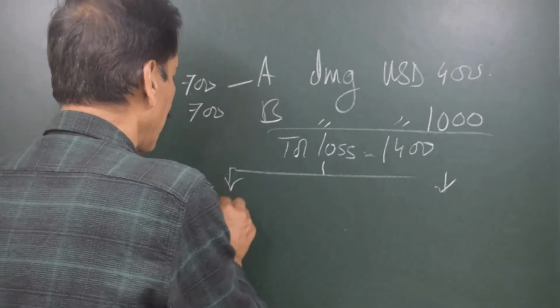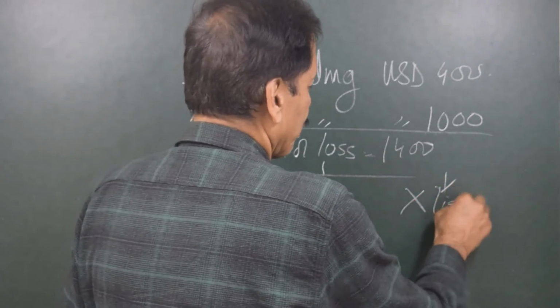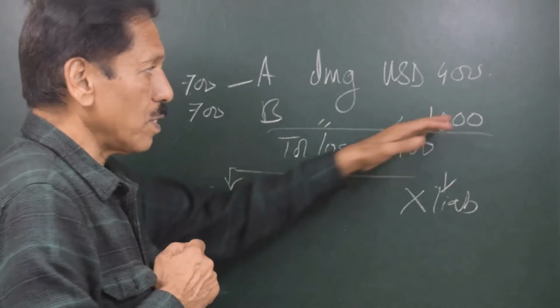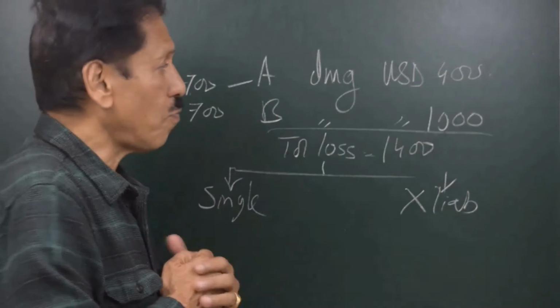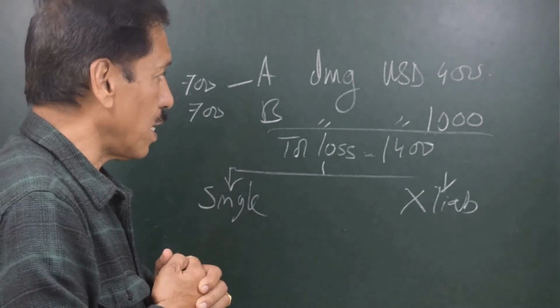Now it can be arranged by two different principles: the single liability principle and the cross liability principle. Under the single liability principle, the difference between 1000 and 400 is 600, and half of 600 is 300.